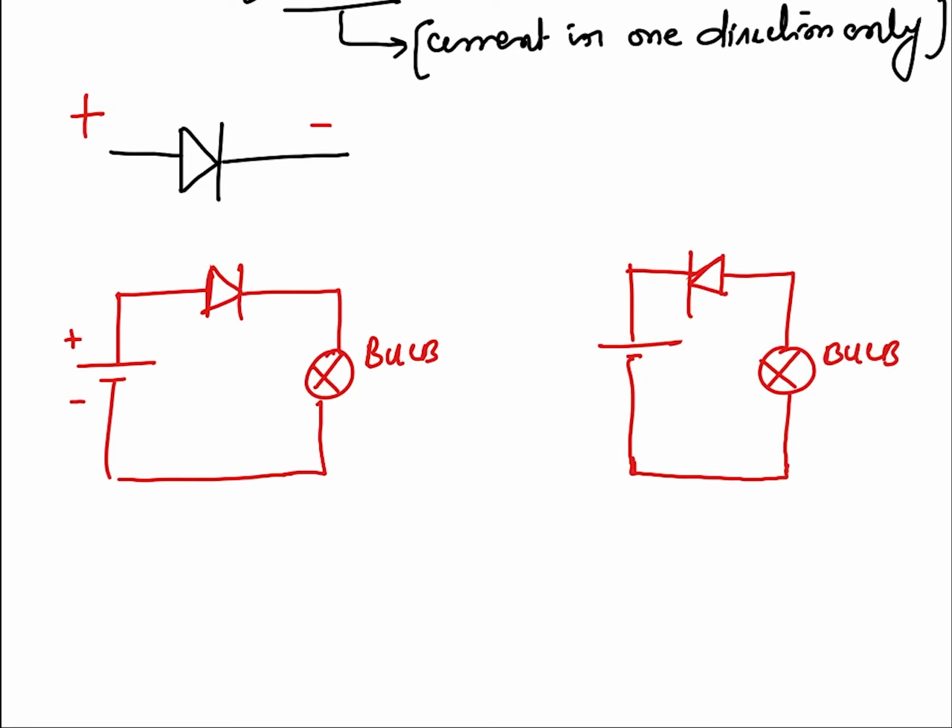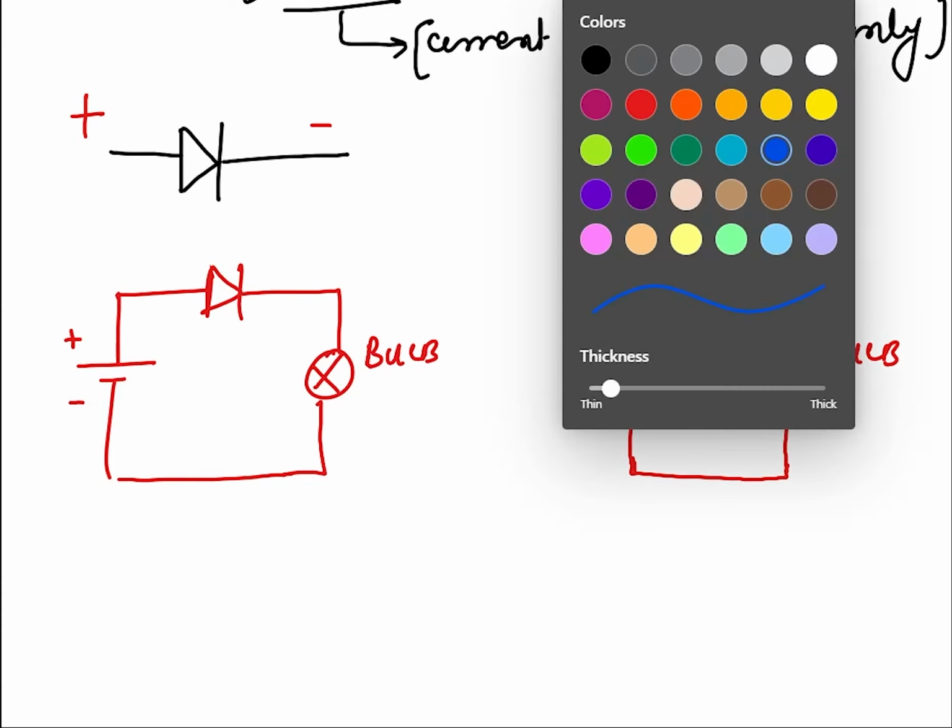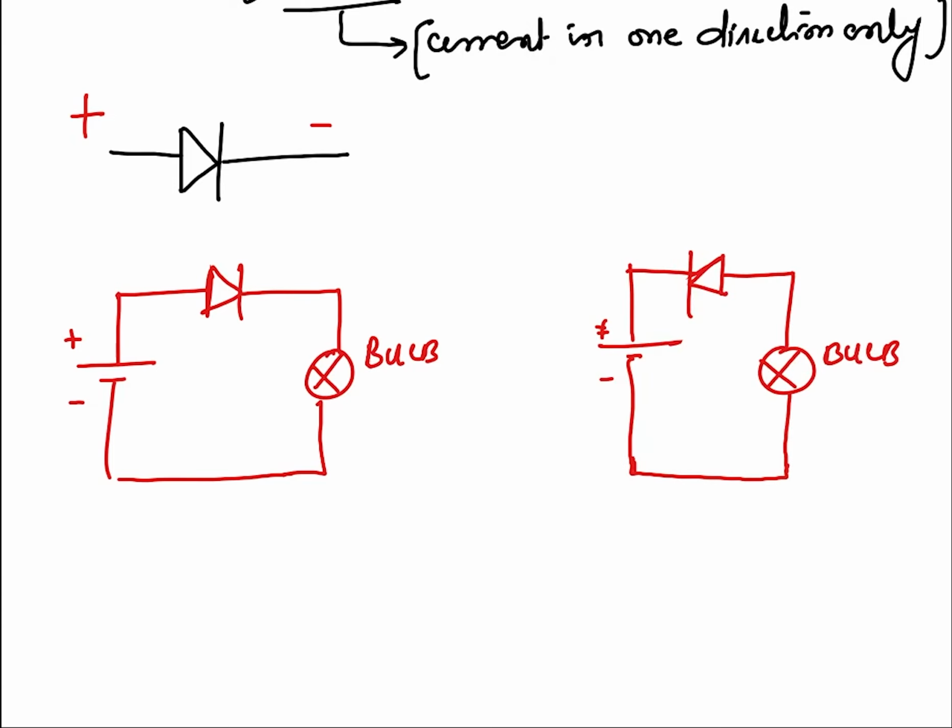This is the positive terminal of the battery, this is the negative. Now, if I try to track the path of current, the current leaves the positive terminal and tries to go through the diode. We are just checking this right now. It's not confirmed that the current will actually flow.